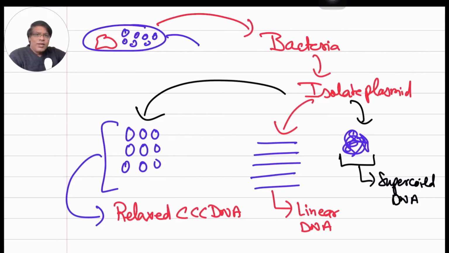But further, these coils coil another way and form supercoiled DNA. So keep in mind, whenever you isolate plasmid DNA in native forms, you are going to have supercoiled DNA, linear DNA, and relaxed covalently closed circular DNA. All these forms you can see when you separate this DNA via agarose gel electrophoresis.